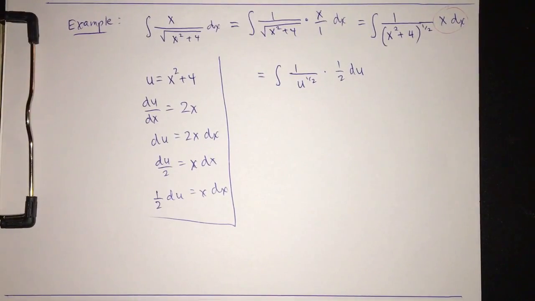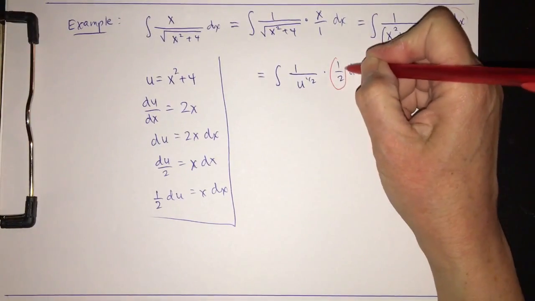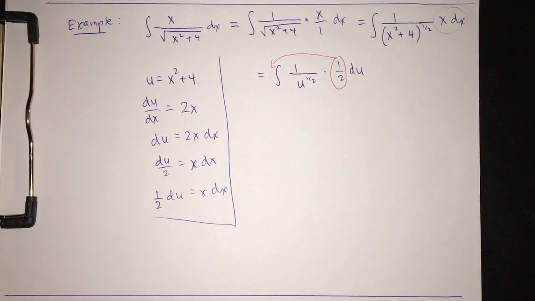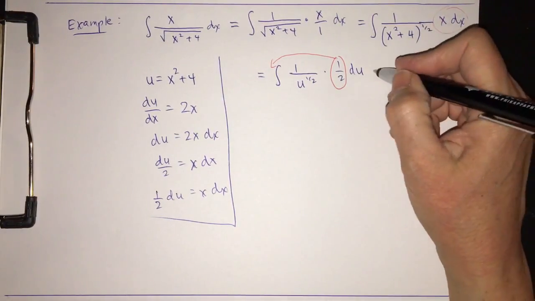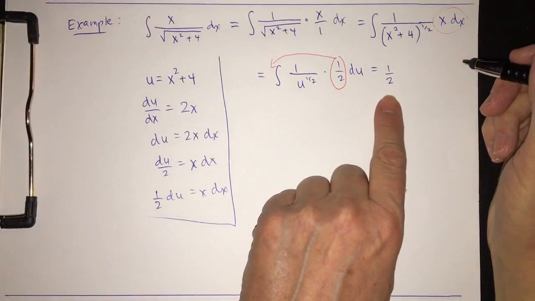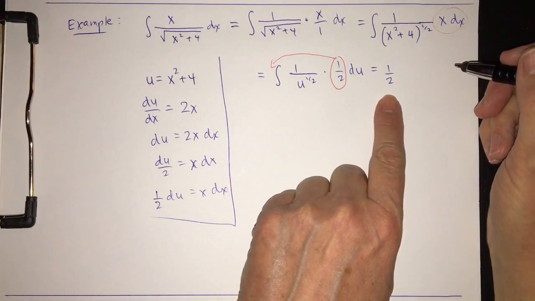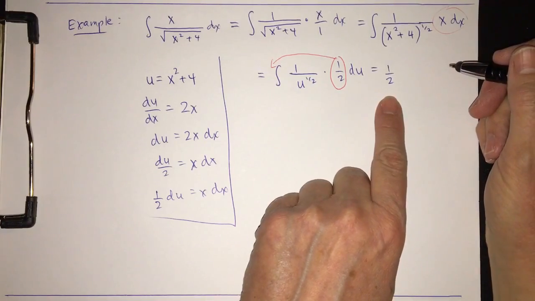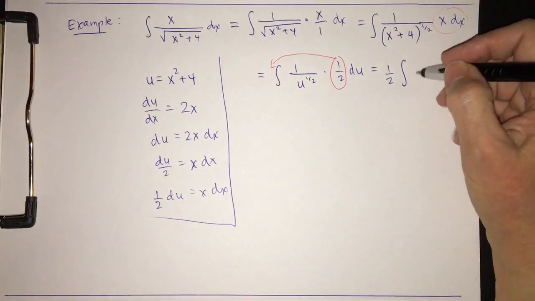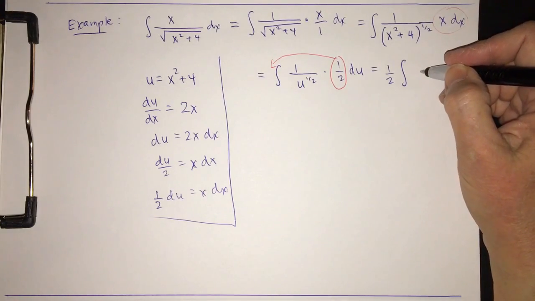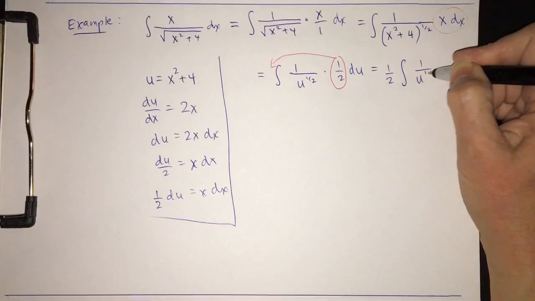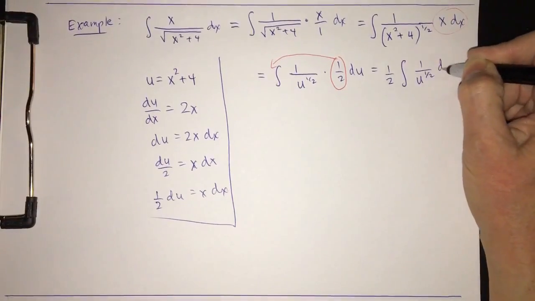This 1/2 that's in front of the du, I'm going to factor it out, pull it out on the other side of the integral sign. So 1/2, remember you can do that with coefficients, but not variables. So 1/2 times the integral of 1 over u to the 1/2 du.